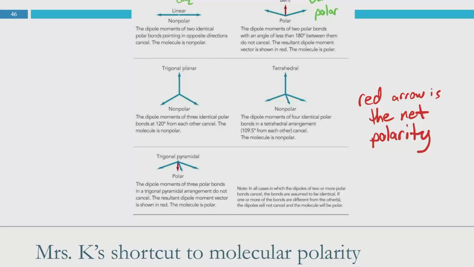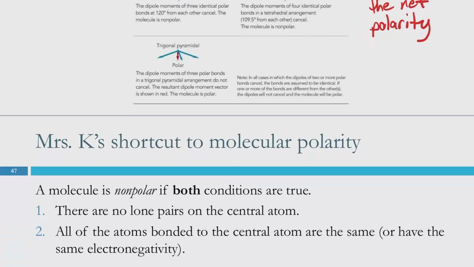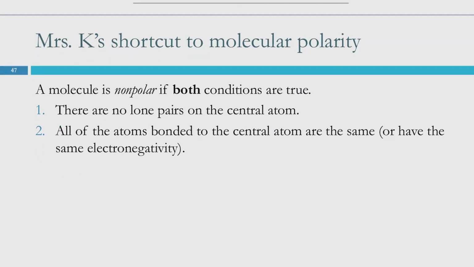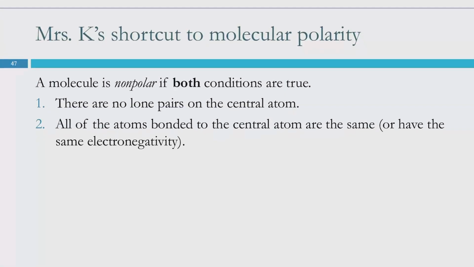This leads us into our shortcut. This is Mrs. K's shortcut to molecular polarity. A molecule is nonpolar if both of these 2 conditions are true. Condition 1, no lone pairs on the central atom. So we're checking, do we have lone pairs on the central atom?